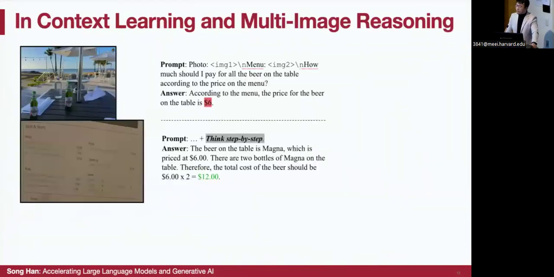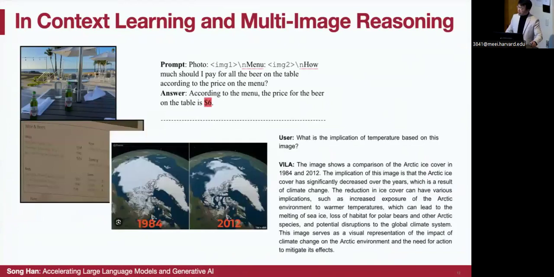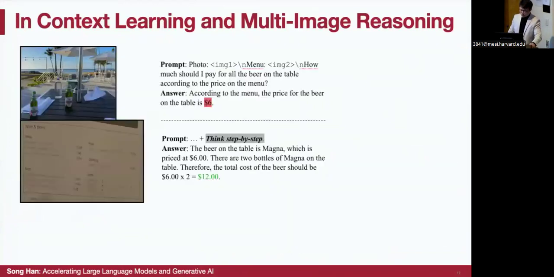A very interesting feature of the visual language model is the in-context learning capability. So let me show you. Given the first image, we have two images right here. The question is, how much should I pay for all the beer on the table according to the price on the menu? Initially, the answer is wrong because it didn't use the step-by-step chain of thought prompt.